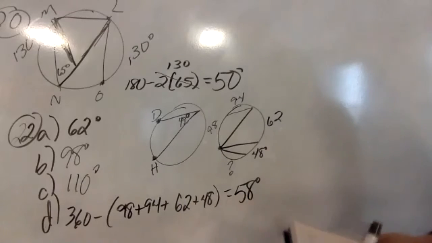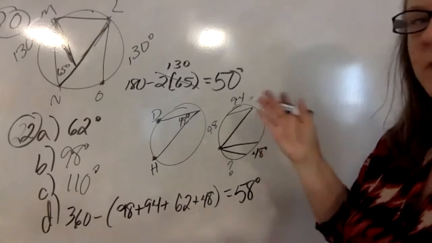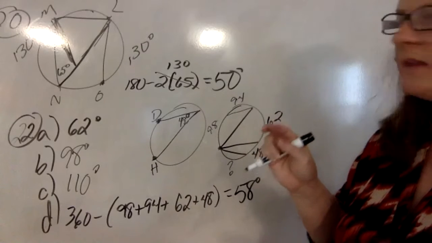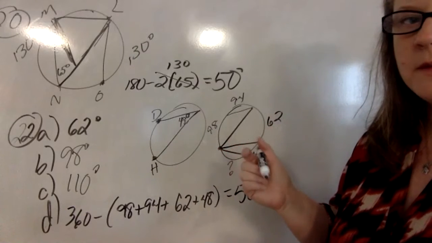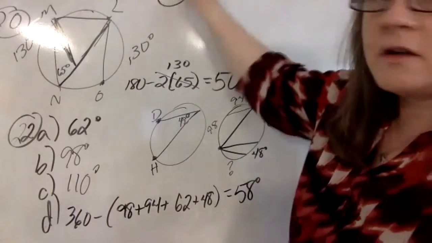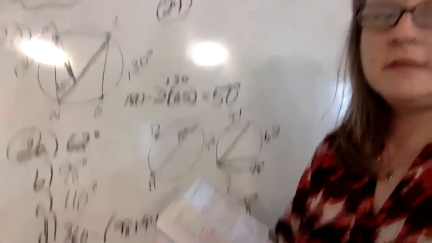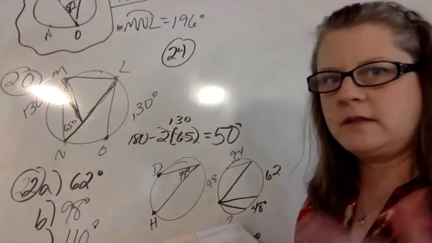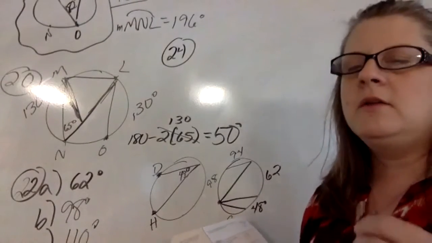If you had actually filled your notes in, a diameter splits the circle into two what? What's half of the circle called? Half of a circle is called a semicircle. All this is in the notes, those theorems and definitions.